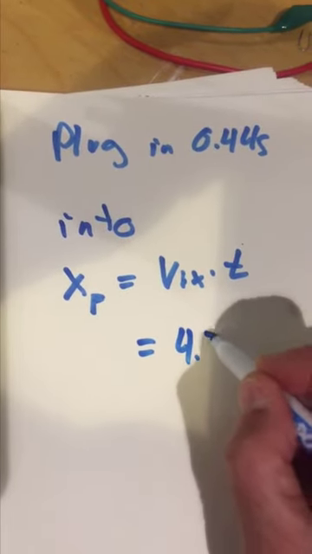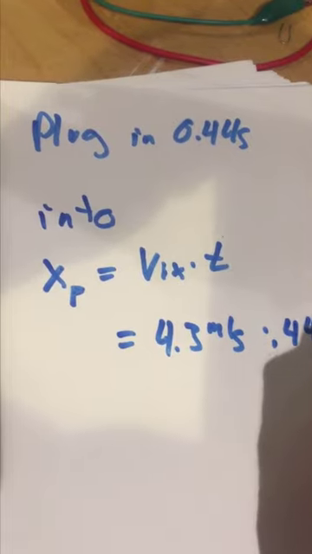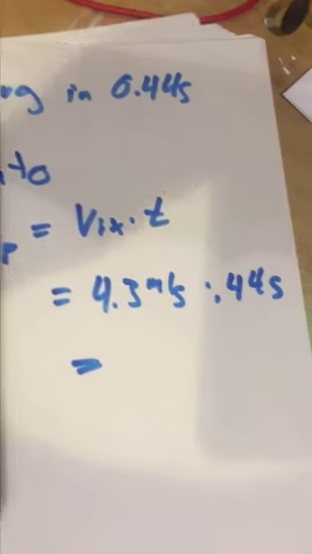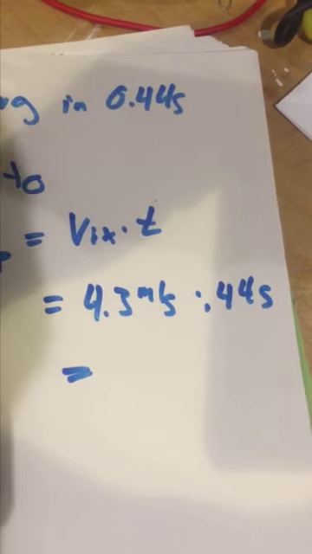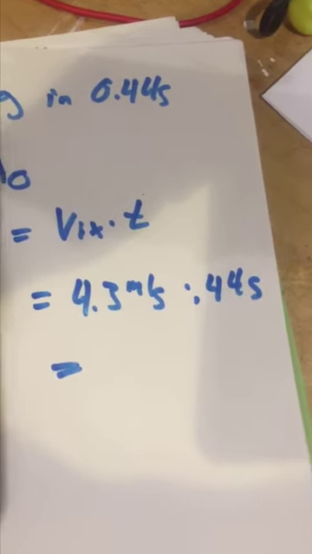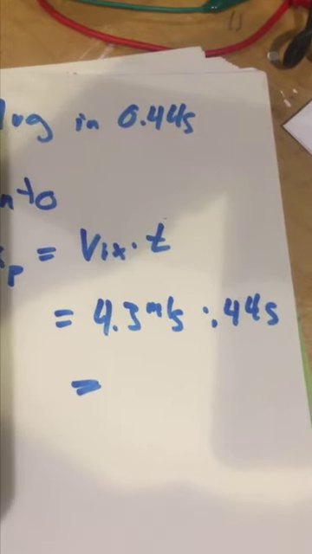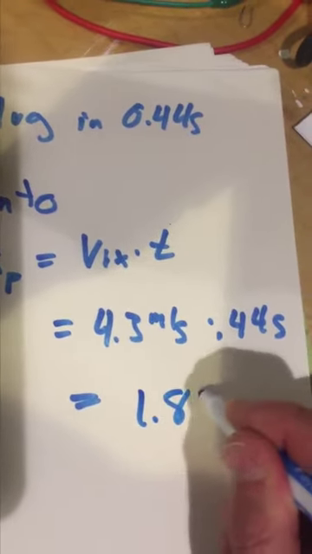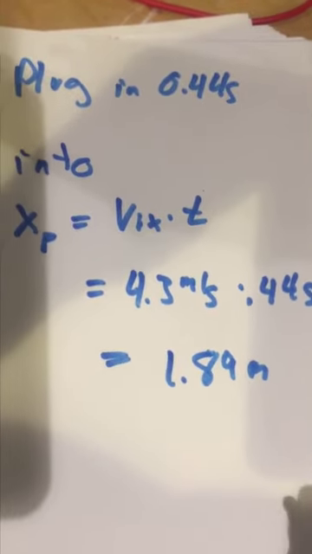So I have 4.3 meters per second times 0.44 seconds, and that's equal to 1.89 meters. So that's where I'd want to stand to try to avoid getting hit by this projectile.